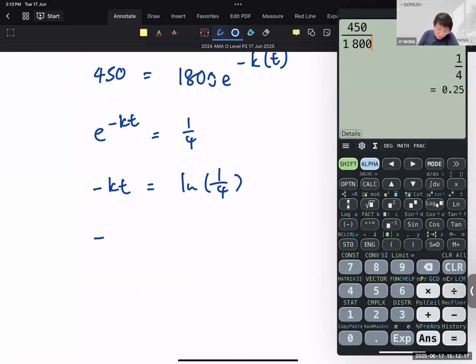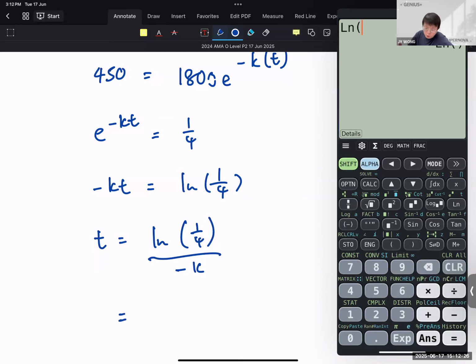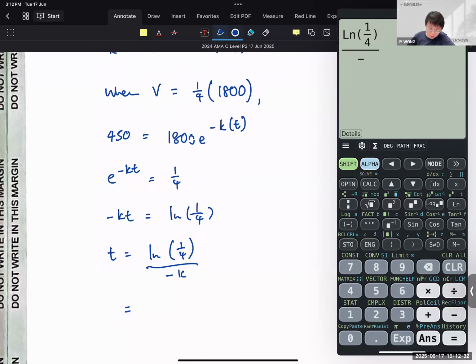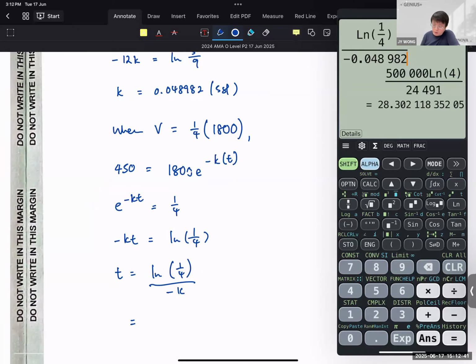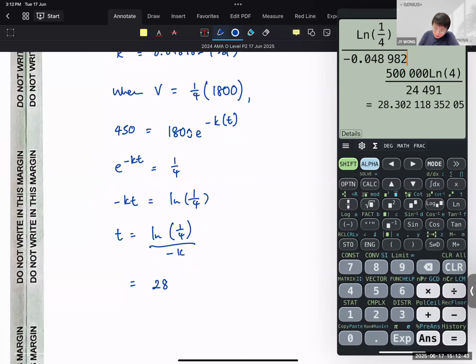And therefore, T is equal to ln 1 out of 4 over negative K. Only when you get to this stage do you substitute in the value of K that you found just now. So K is equal to 0.04892, and you will get T equals 28.3 in 3SF.